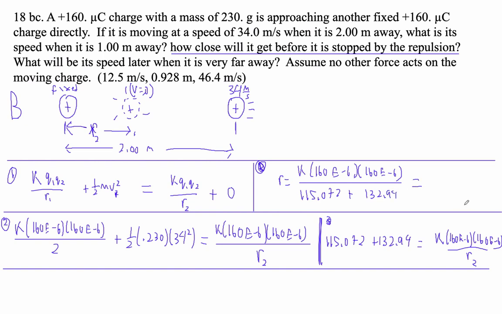So let's figure that out. I stored the value 8.99 times 10 to the 9th in K, times 160 e minus 6 times 160 e minus 6 divided by 115.072 plus 132.94.